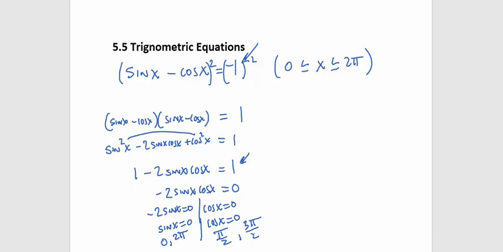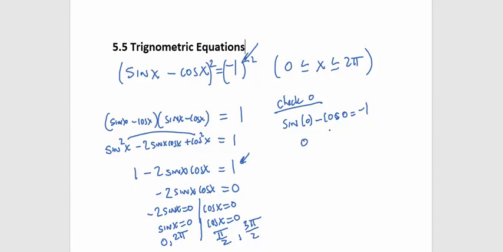So going back to my original equation, I need to check 0. And so let's see, sine of 0 minus cosine of 0 is supposed to be equal to negative 1. Well, let's see, sine of 0 is 0.